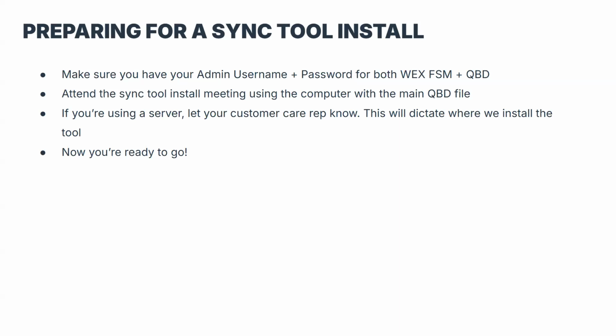If you are using a server, you will let your customer care rep know, because that will change where the tool is installed. And that is it. So just make sure you have those items and you're ready for your sync tool install.